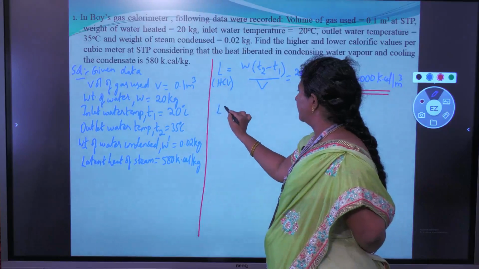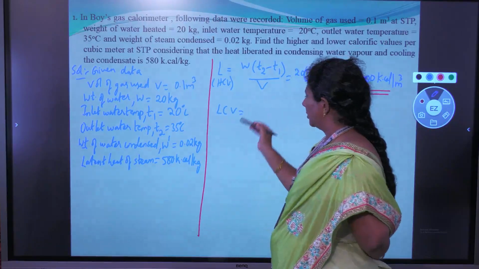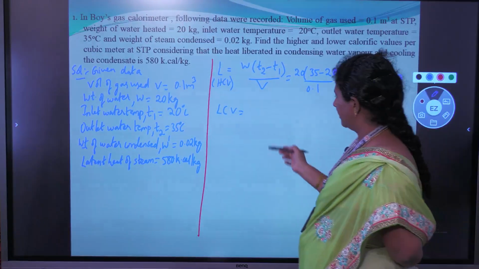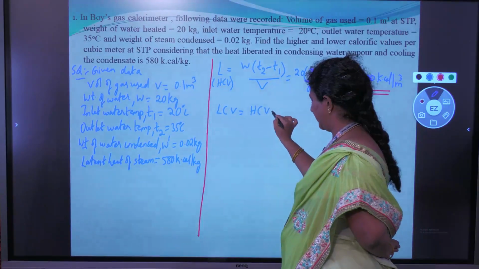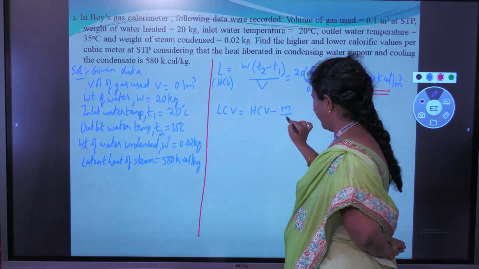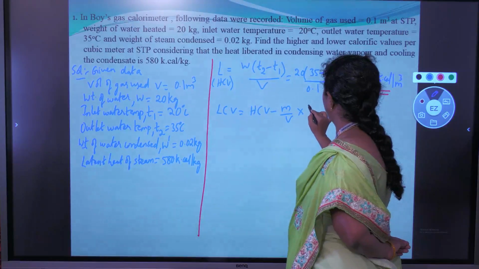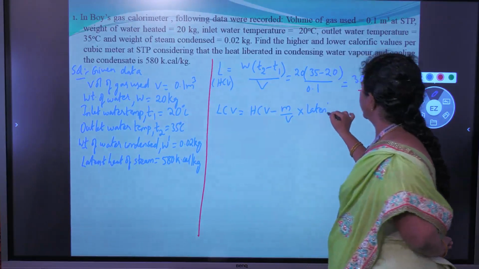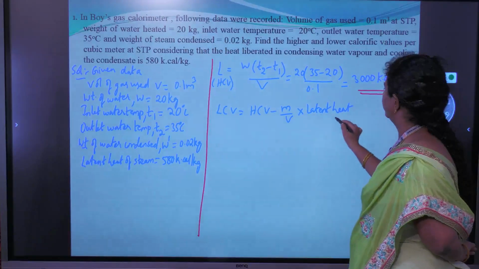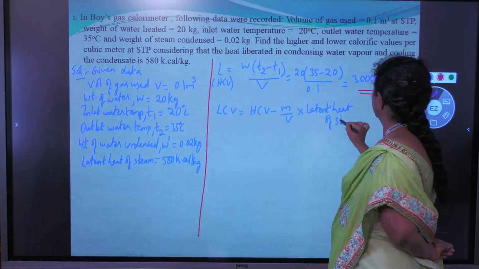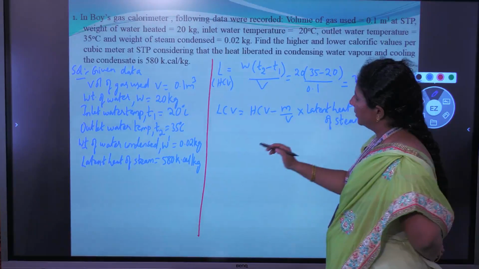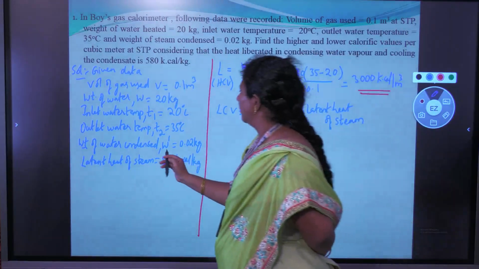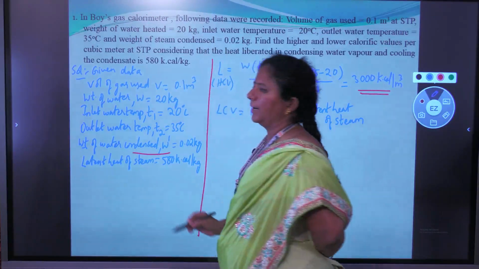Now LCV. The formula for LCV is HCV minus M by V into latent heat of steam. Here this M is nothing but the weight of water that is condensed.